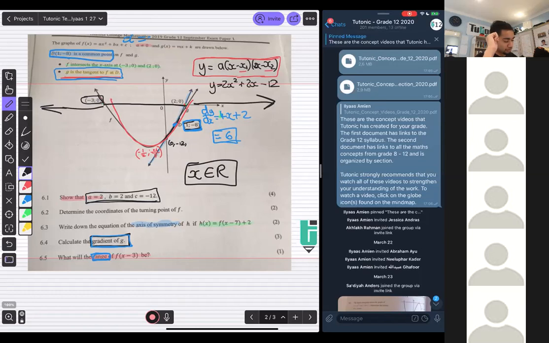Okay. What are we saying? We're saying what x values are possible in this graph. So if I write y equals 2x squared plus 2x minus 12, can I sub in minus 20 into this graph? Yeah. Can I sub in 1,000,000 into this graph? Yeah, you can.